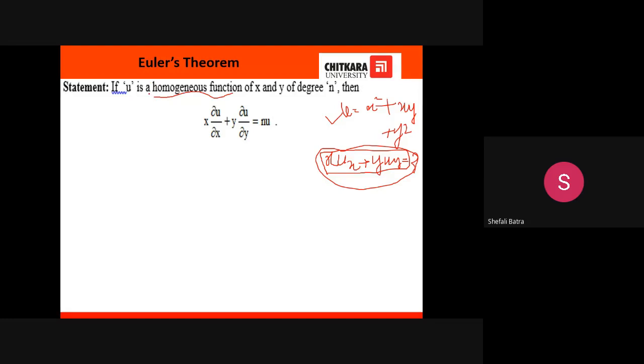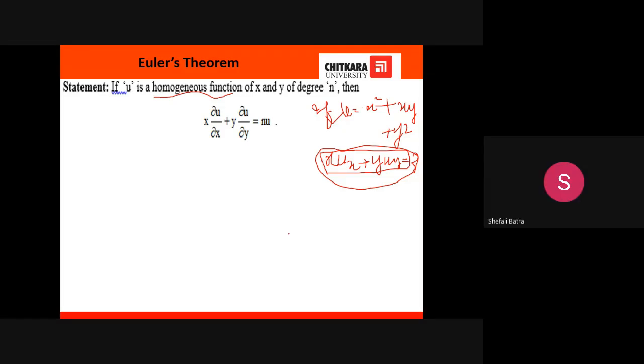Can anybody give me the answer for this question? If u is equal to this, you need to find the value of x into ux plus y into uy. And I have told you what Euler's theorem is. Ma'am, may I? Yes, please, beta. Ma'am, 2x square plus 2xy plus 2y square.